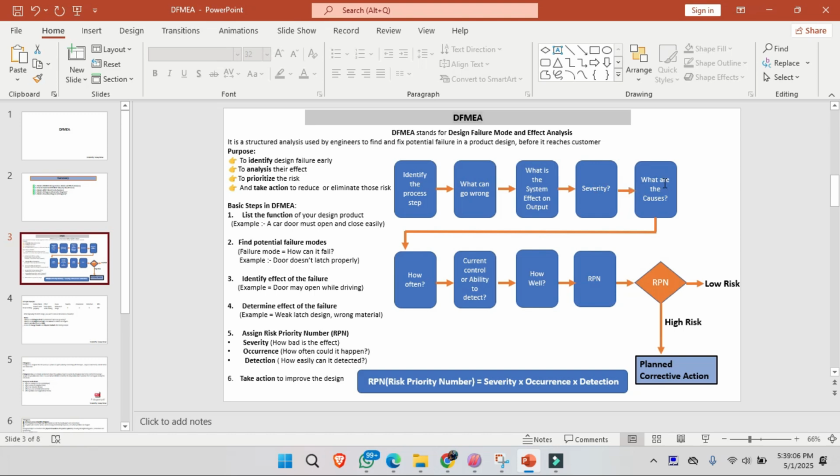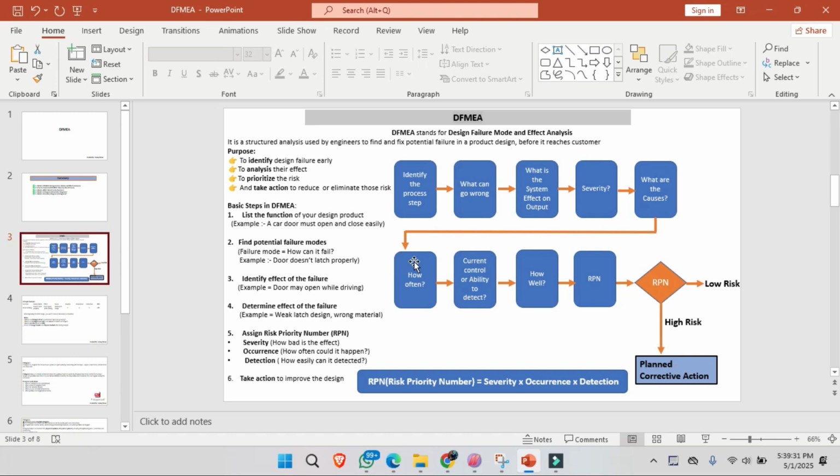And then what are the causes? After that, how often? And then the current control and ability to detect, which means how we can find the failure and how we can control the failure, and then calculate the RPN.